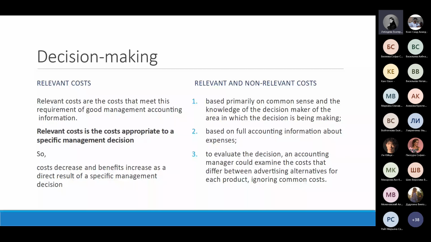But if we decide to spend money on TV advertisement, but we know exactly that our target audience is not sitting before the TV screens and never could see our advertisements, these are non-relevant costs because they are not associated with the target audience activities.